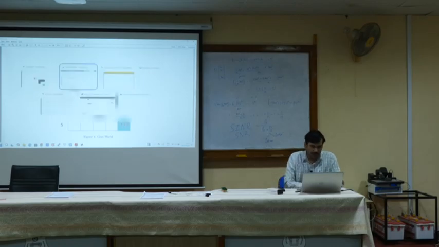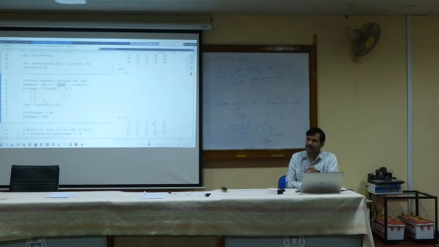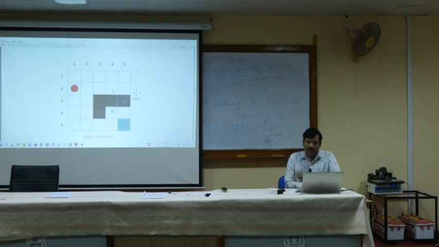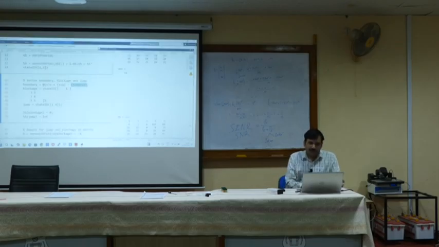So I have written here, if S is less than 1, it will become 0, otherwise it will be plus 1. Similarly, I have defined S greater than N grid. It means whenever I go out of the grid, for example I am at 2, 5 and I take action right, it will go to 2, 6. So instead of adding 1 there, it will do minus 1. So it will only go up to 2, 5, it will not go beyond that.